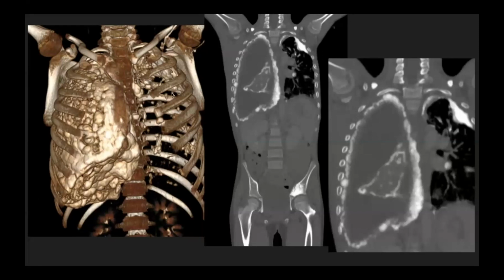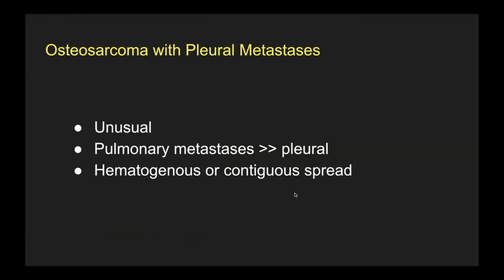There are multiple other small pebble-like lesions in the left hemithorax. And this is the lung, which has been trapped inside this ossified pleura. Here we can see the sclerotic lesion in the left acetabulum. So this was osteosarcoma metastasis in the pleura.